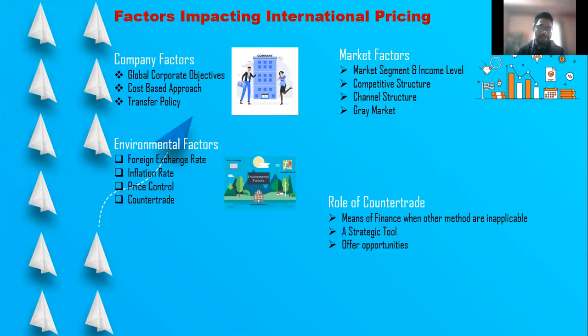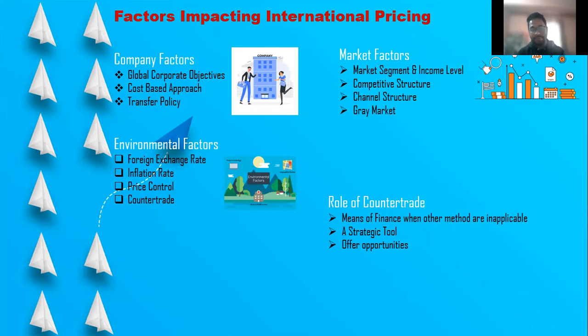The next point was the channel structure. Companies sometimes can directly distribute their product or may use distribution channels. That's why their price may vary based on their channel members. And the gray market is a deviation between the price of the same product in different countries.